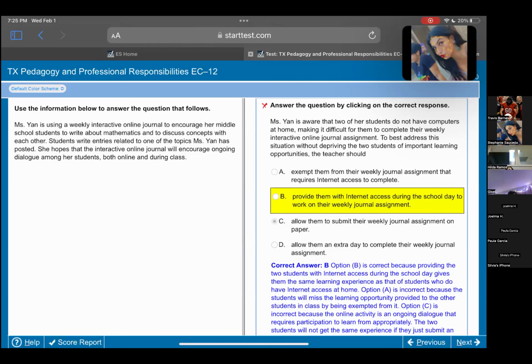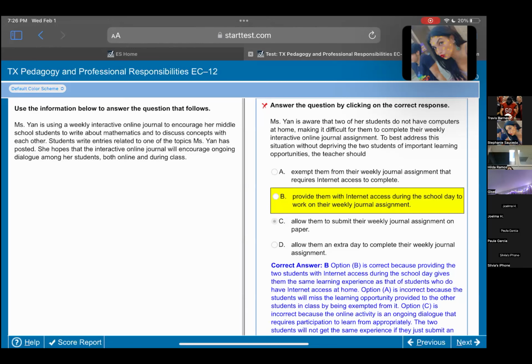In order to encourage that second leg of her goal, everybody has to be using the interactive online journals. So this was a very tricky one, and that's why you have to be so mindful and never too quick. It was highlighted in yellow and I was just like, it's wrong, but in my mind it was okay.